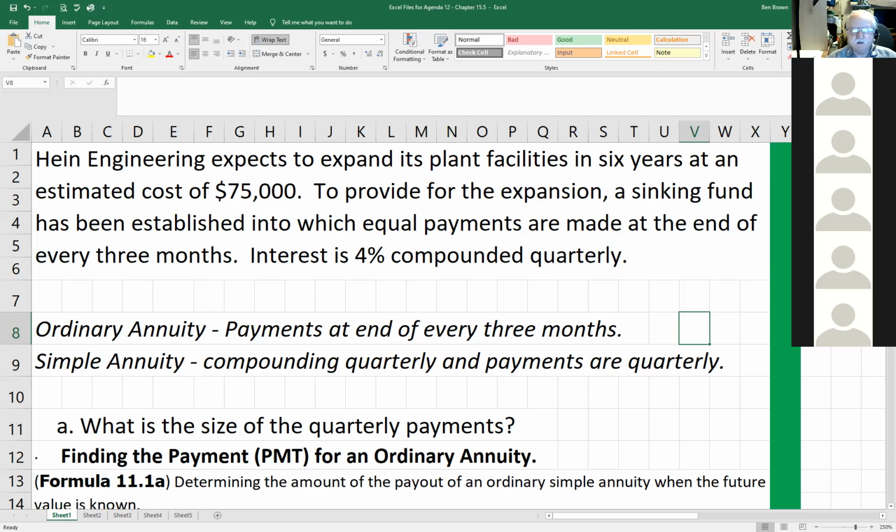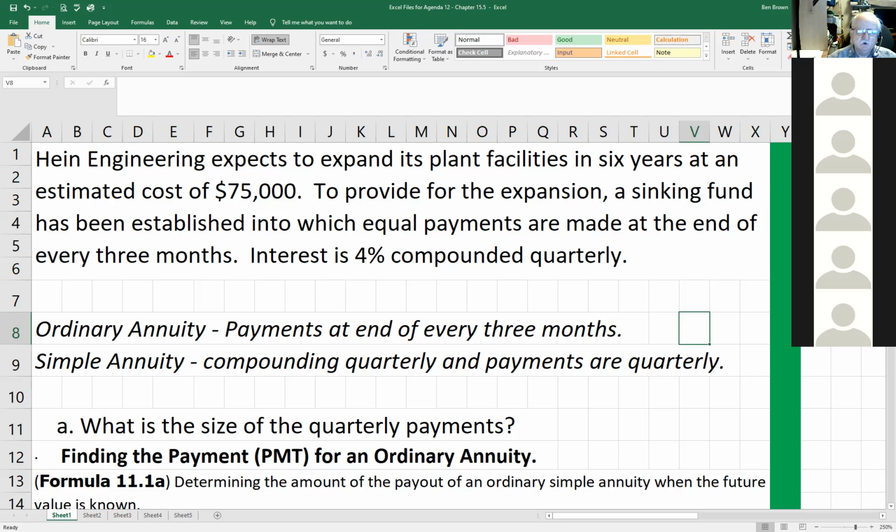So what they're doing here is they know that in 6 years, they're going to have to pay $75,000. And so they're saving up to have this $75,000 when they need it. So when you see a question referring to a sinking fund, what they're doing is they're saving money.